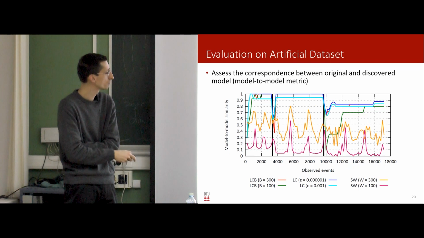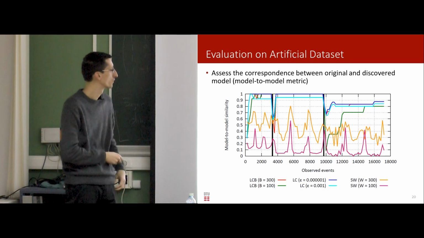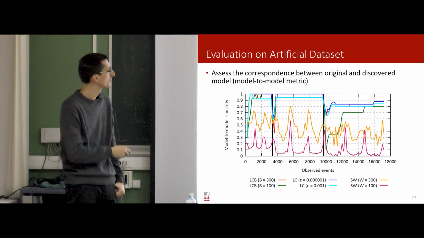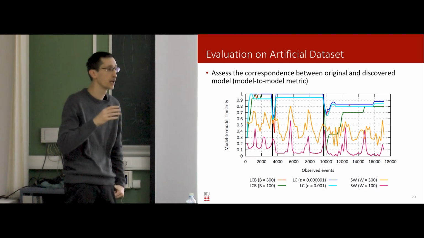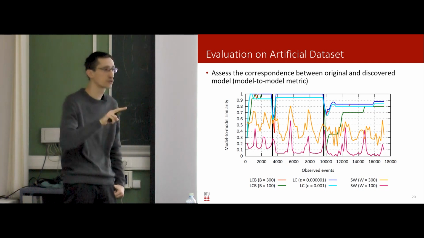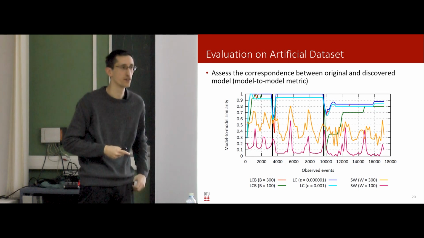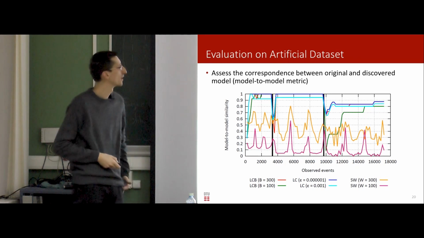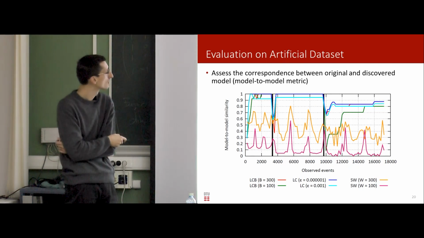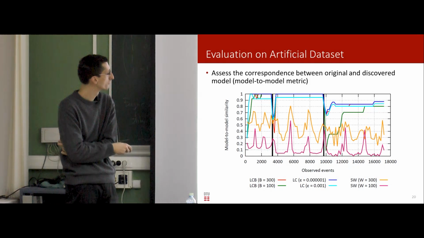On the x-axis, we have the number of elements we observed. So we simulated this stream for a few events. And these two vertical black bars indicate concept drift. At this point in time, we decided to change the model that is generating the events with some different model.